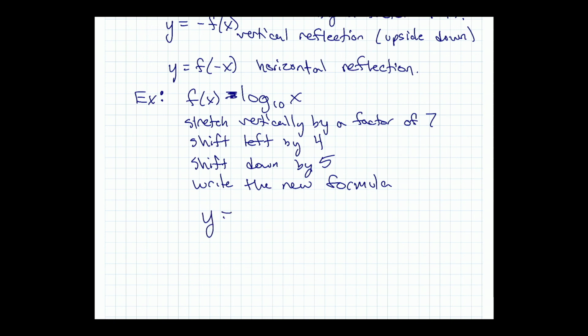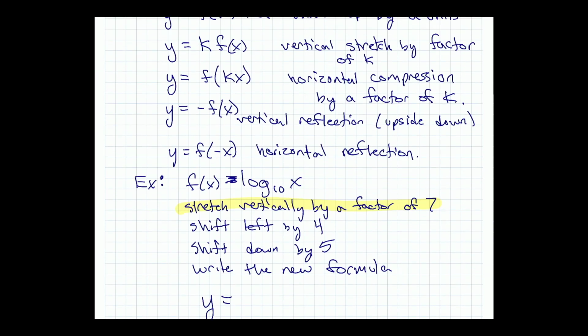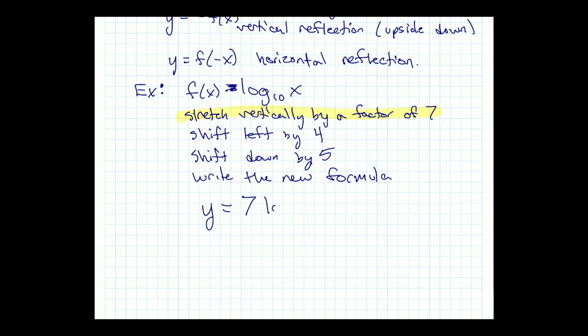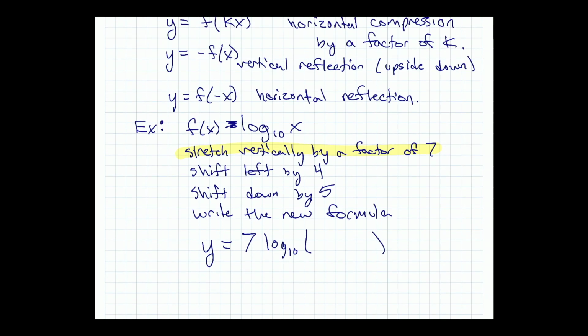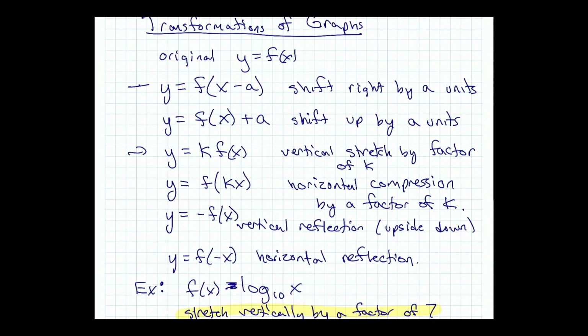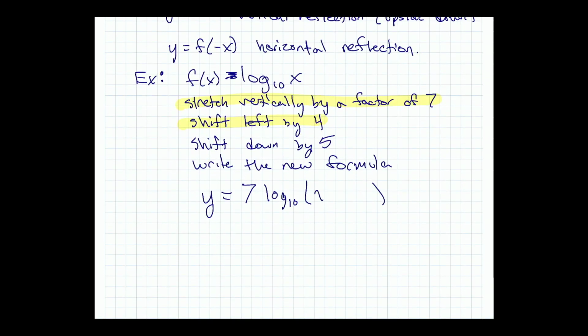So you just want to combine all of these ideas, right? If you're going to stretch it vertically by a factor of 7, then you want a 7 out front. So 7 log base 10 of what? Then we want to shift it left by 4. Well, how do we do that? If you change the x to an x minus a, so we're going to have x minus 4.